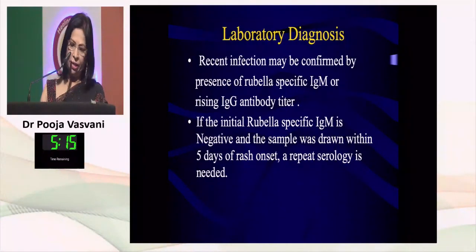So I'll directly, rather than going on to the clinical features, talk about how we diagnose rubella infection. In the mother, recent infection can be confirmed by presence of rubella-specific IgM or rising IgG antibody titers. There are scenarios when the initial rubella-specific IgM is negative, and if that sample was taken within 5 days of the rash onset, it is worthwhile to repeat the serology because the initial sample may have been too early.